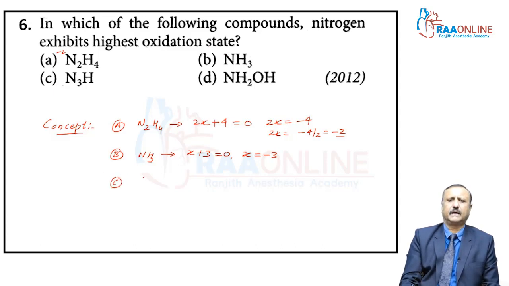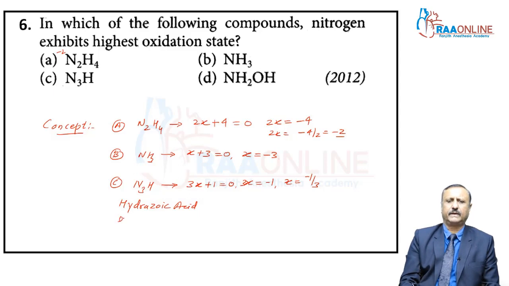Now when we calculate the oxidation state of nitrogen in N3H, which is called hydrazoic acid, we get 3x plus 1 equals 0, then 3x equals minus 1, so x equals minus 1 by 3.